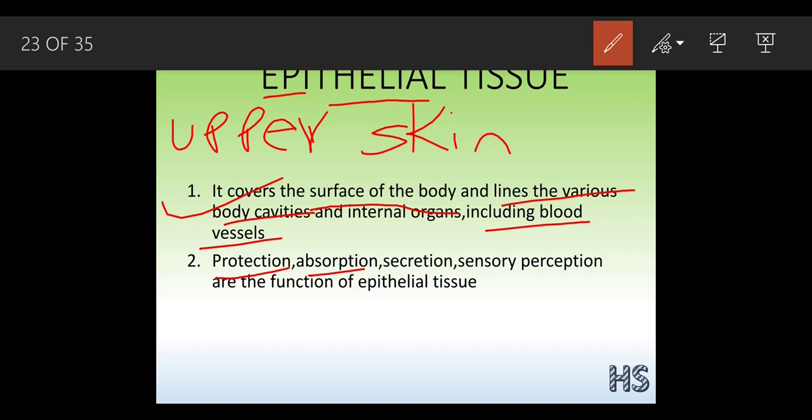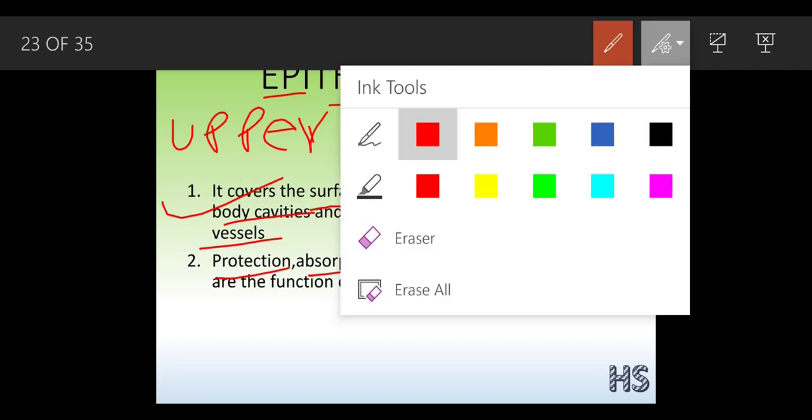Okay, it helps for secretion, like how sweat gets released from our skin, so it works for secretion also. And sensory perception, what do you mean by that? If you touch any object, from our touch only we can notice that the object was hot or cool. So that works for sensory perception as well.